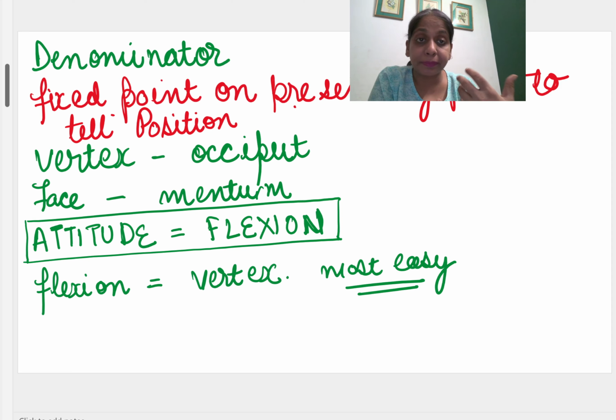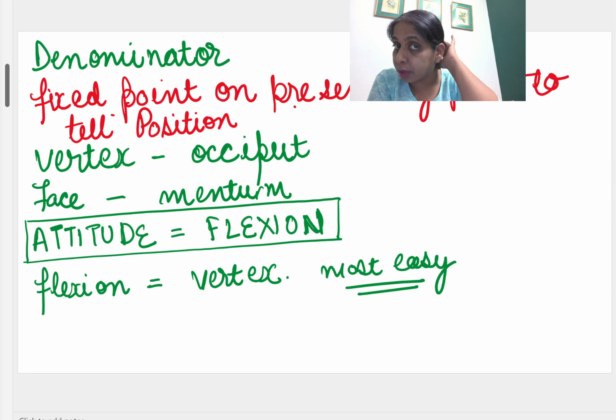so that we can indicate things. For example, if we have to tell where the anterior fontanelle is, we will tell it in relation to that denominator. In the vertex the denominator is the occiput, and in the face the denominator is mentum.